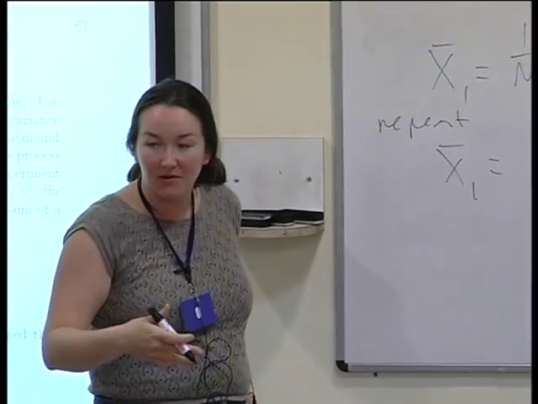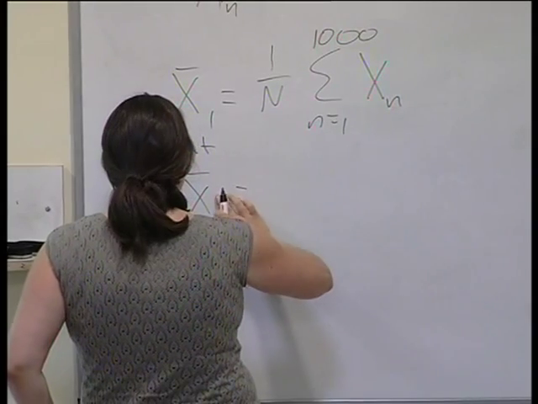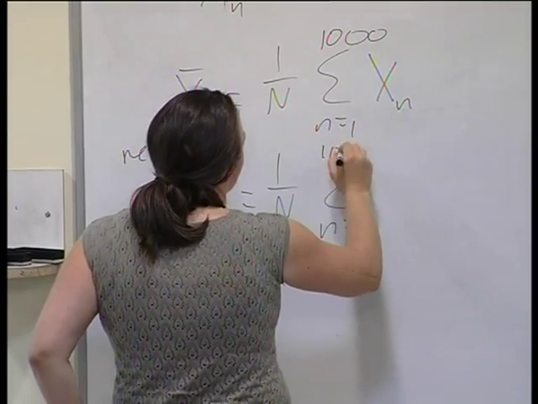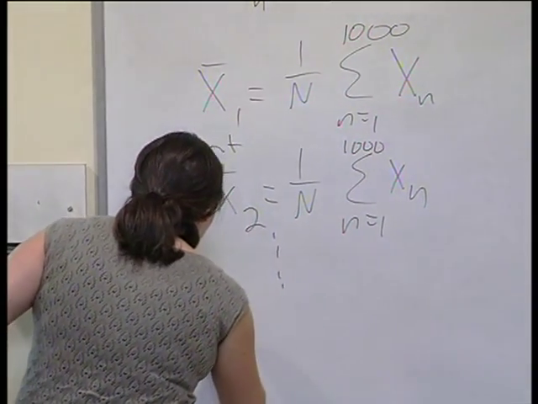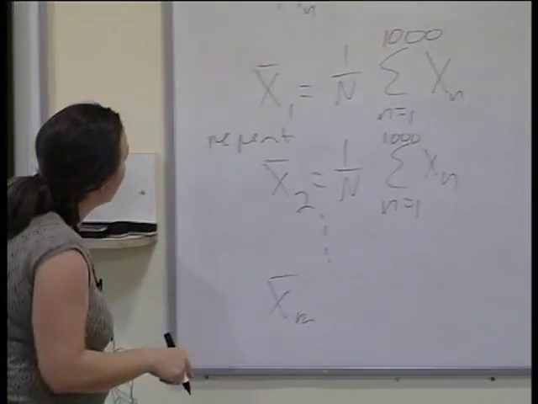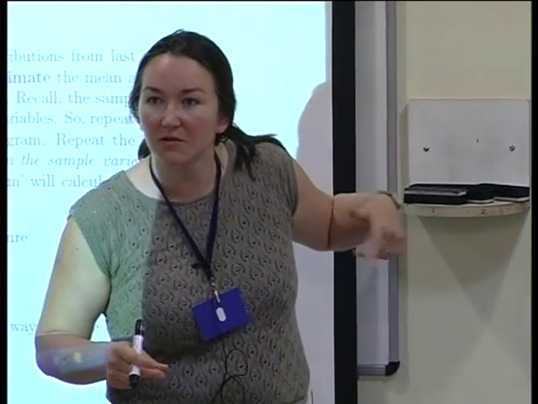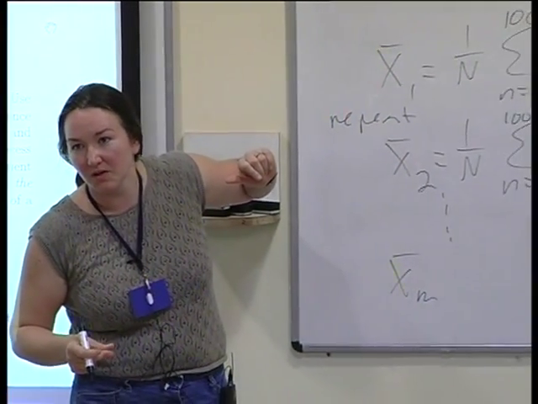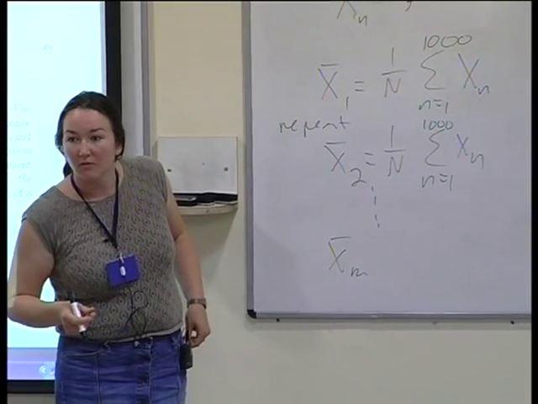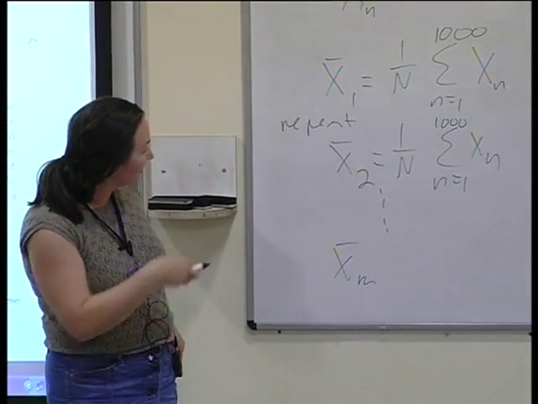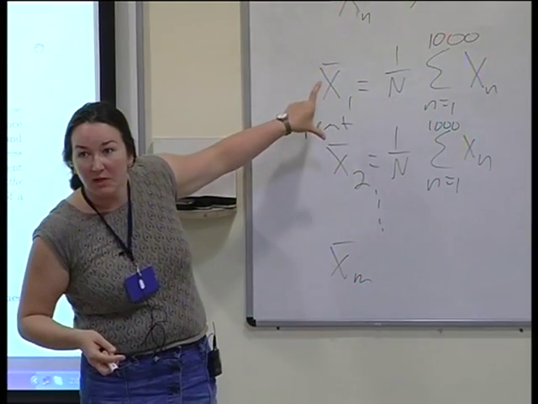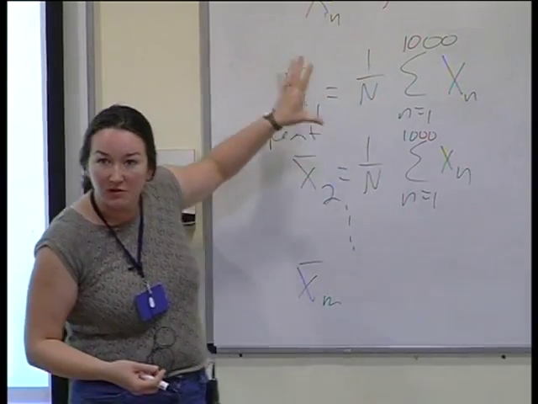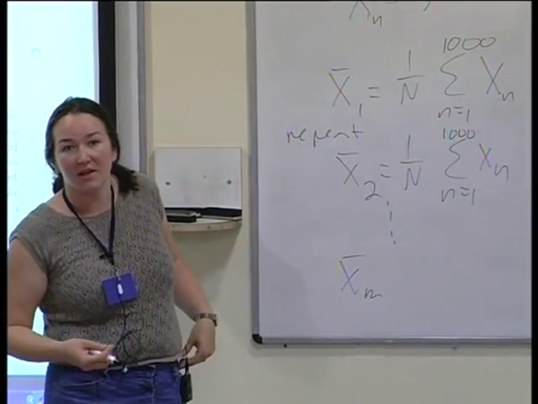So I draw another, different 1,000 random variables. Keep doing this 100 times. And now we have this random variable that's a sample mean, and I want you to look at the histogram of that. Hopefully, if our random number generator is working well, the sample means are going to be close to the true mean of the distribution we're sampling from. And I want you to think about what the spread of that looks like.